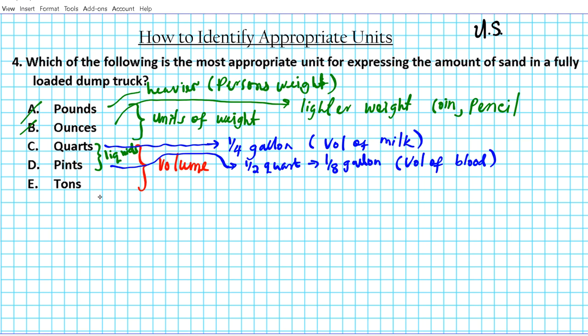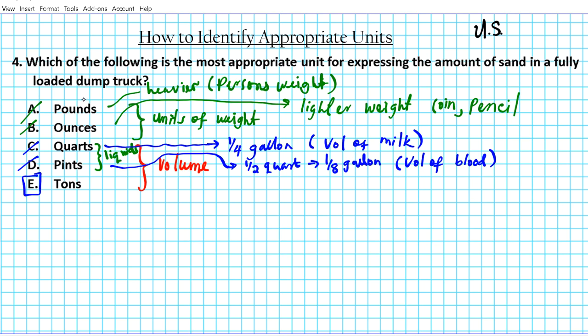This is really, really heavyweight. So C and D are basically too light to be applied to this scenario that we're looking at here. Tons is the most appropriate unit to measure the amount of sand in a fully loaded truck. Okay, so think about the context.